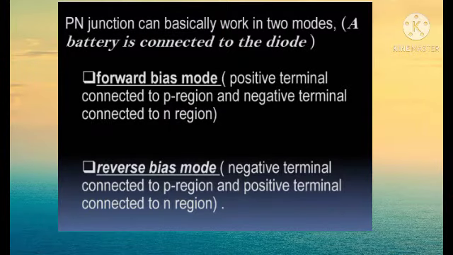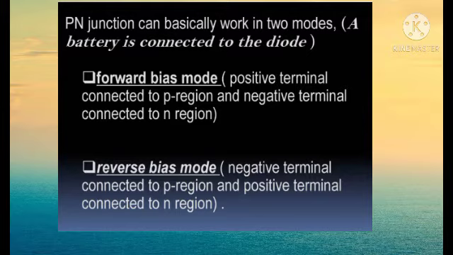PN junction can basically work in two modes. A battery connected to a diode is known as biasing, and there are two types of biasing of PN junction diode. The first mode is forward bias.